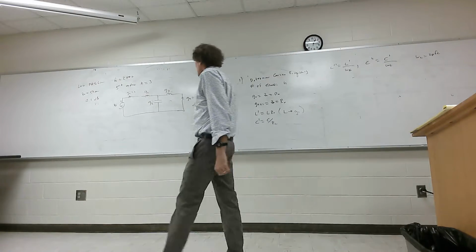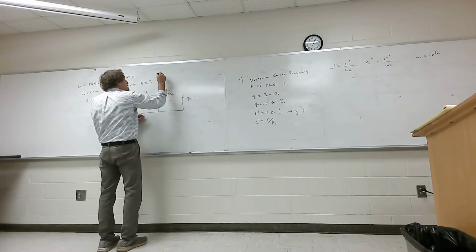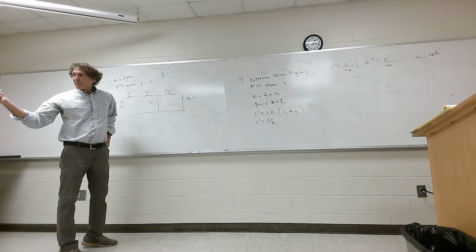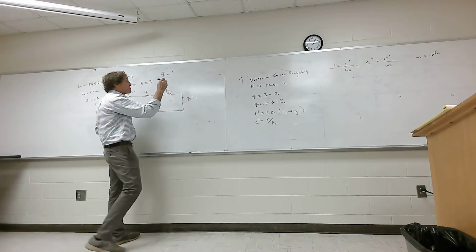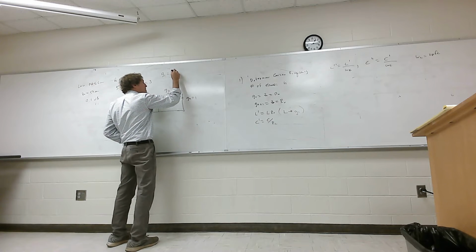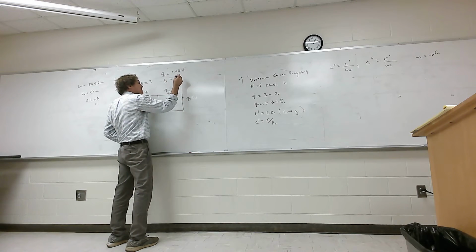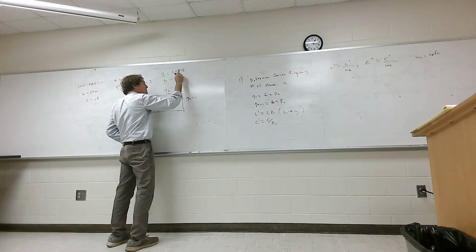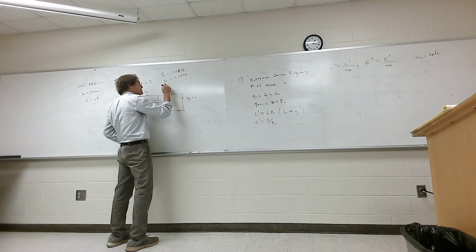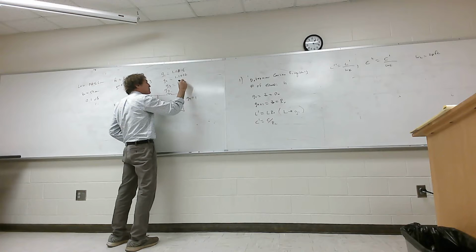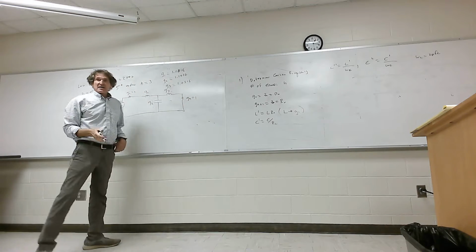The first value you get for G1 is what? Almost 1.035, is that right? 1.0315. G2, 1.1474. Now G3 should be G1, 1.0315.